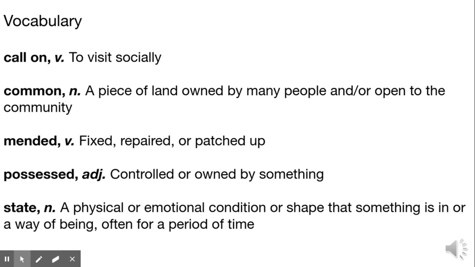It's a physical or emotional condition or shape that something is in or way of being, often for a period of time. So you could say that the old swing set was in a state of disrepair, meaning it is not repaired, right?